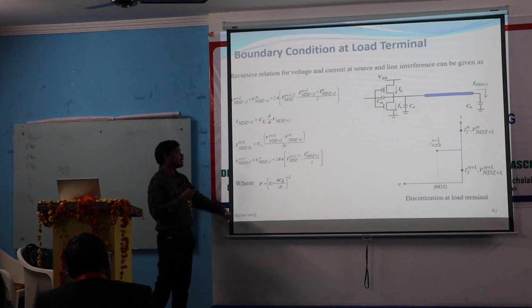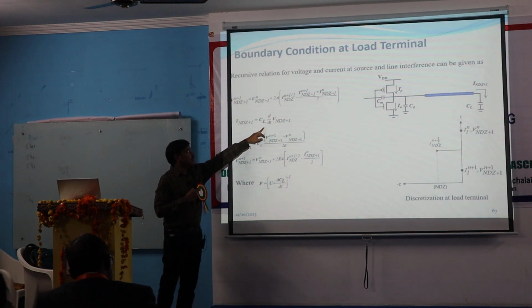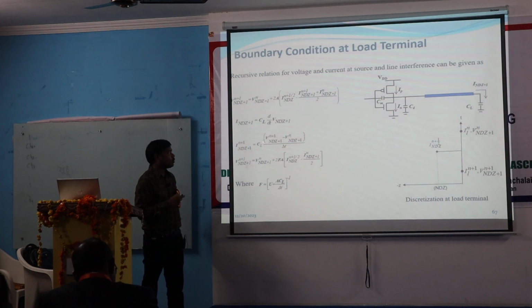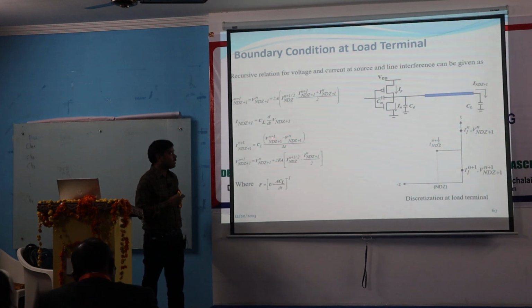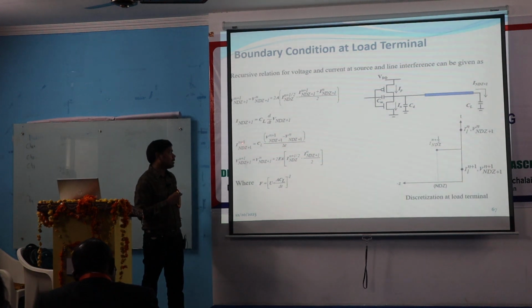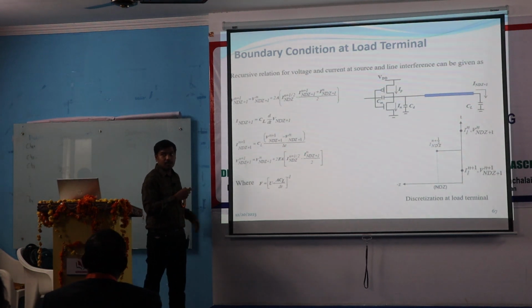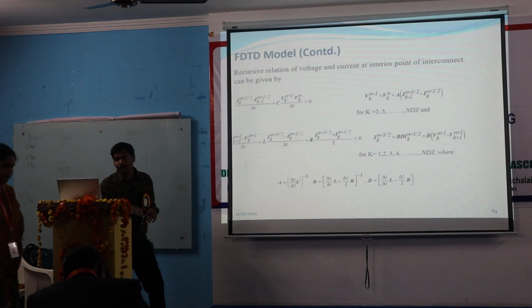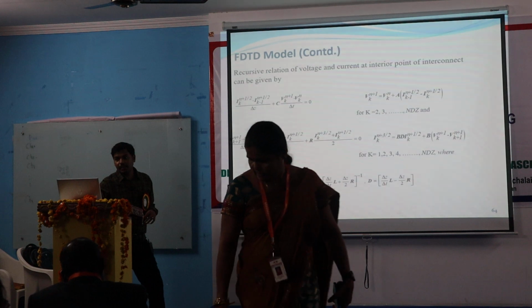Because there is a time discretization again, we take two different times, n plus 1 and n, divided by delta t. So you will get I ndz plus 1. So all equations you have. What all equations? You have the equation for I0.